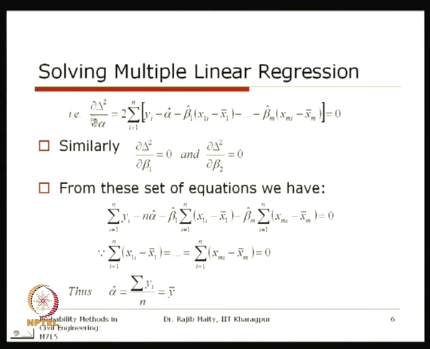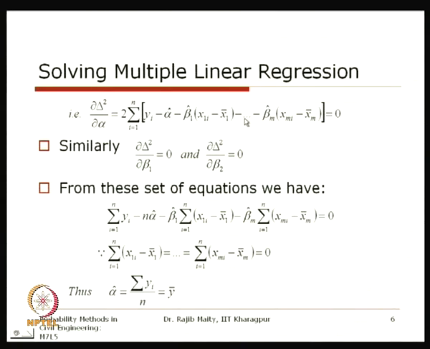So, if we take the first one, dou delta square dou alpha, and equate it to 0, then the form comes like this, where if we take the summation inside, we can see that x 1 I minus x 1 bar, if we take this difference and sum them up, obviously here the power is 1, so this will become 0.